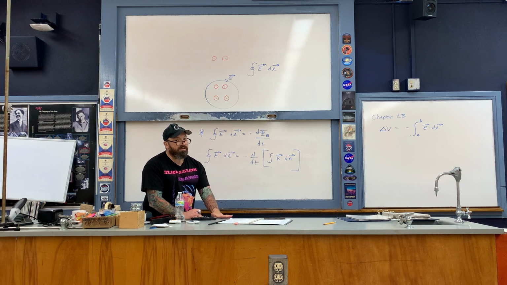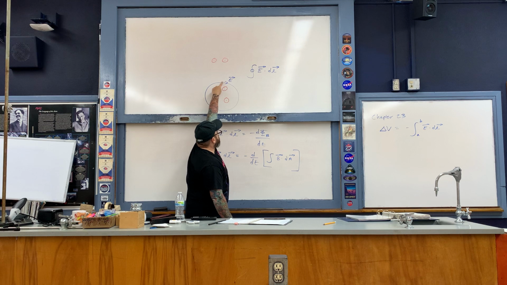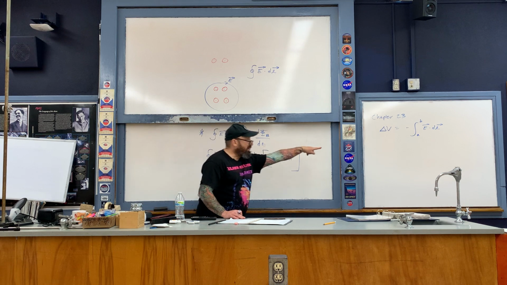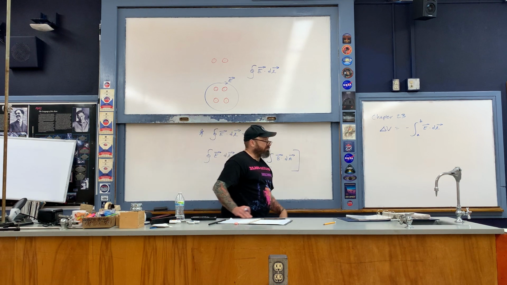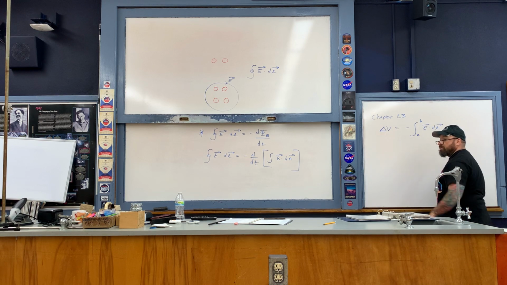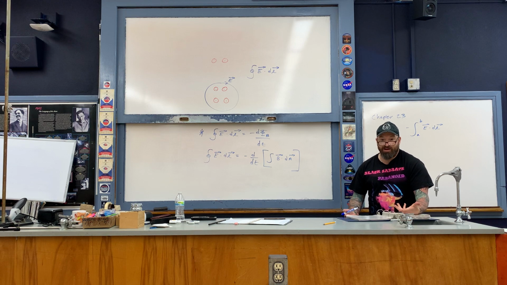But there are immediately some differences in the expressions. Take a look at the closed symbol. The closed symbol means that we start and stop in the same position in our path integral on the diagram. What's that equal to here, however, back in chapter 23? Well, if you start and stop in the same position on the diagram, the potential difference between those two points should be 0, right?